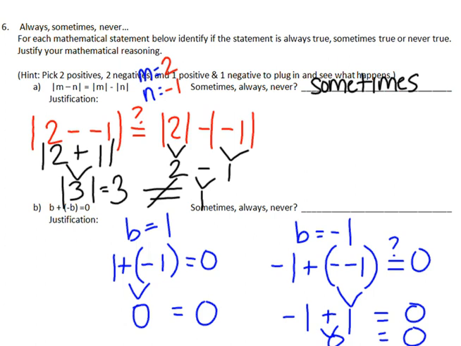So it works for a positive and it works for a negative. In your justification, you could say that anytime you add a number and an opposite, you will always get 0. So you would say always, and explain why using words and math to justify.